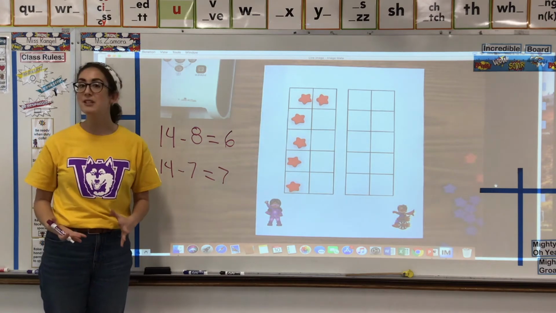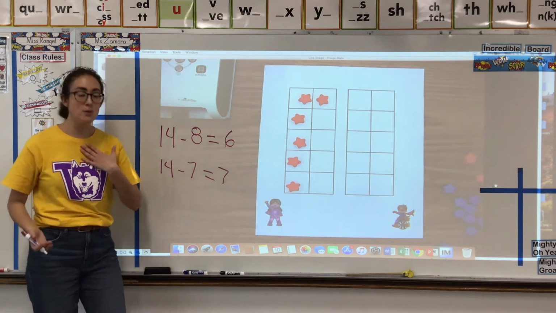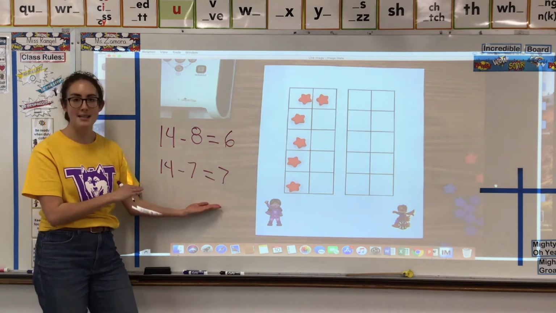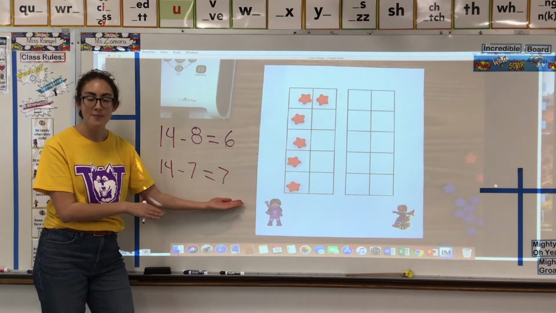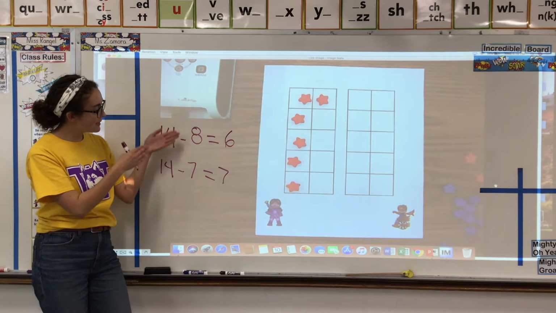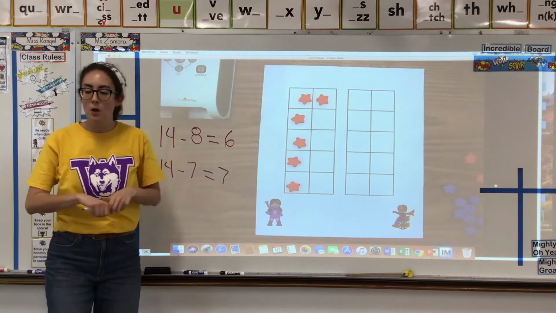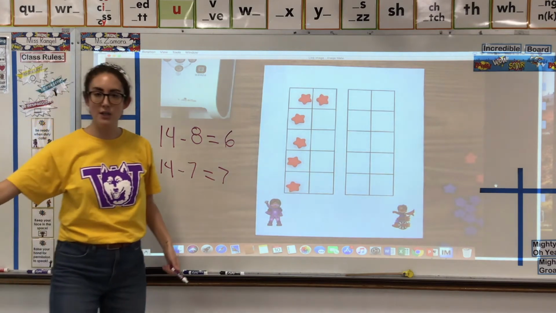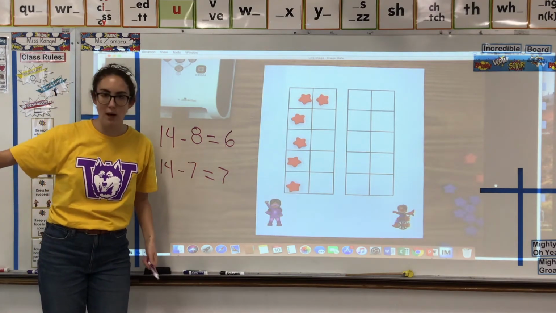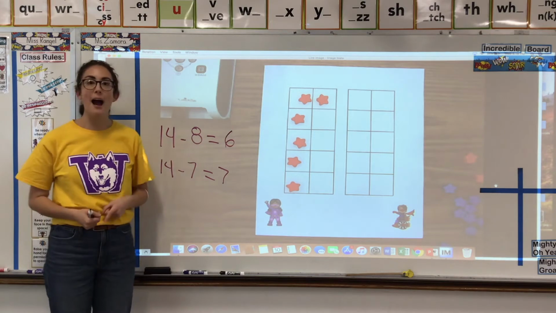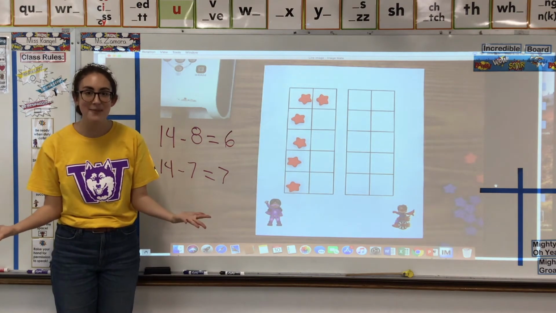And we didn't have to count on our fingers because we knew 14 minus 7 was 7. And then, because subtracting 8 is just taking away one more, we were able to take away a star, subtract just one more, and find that our answer was 6.